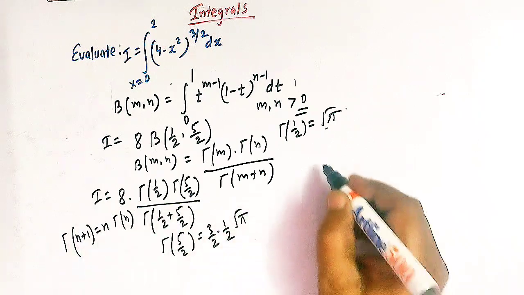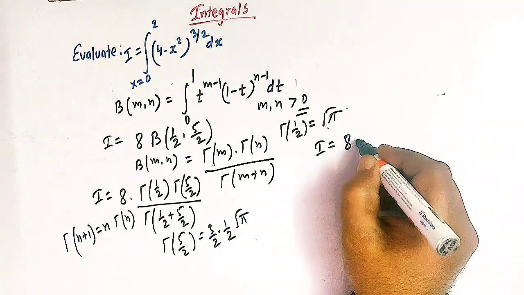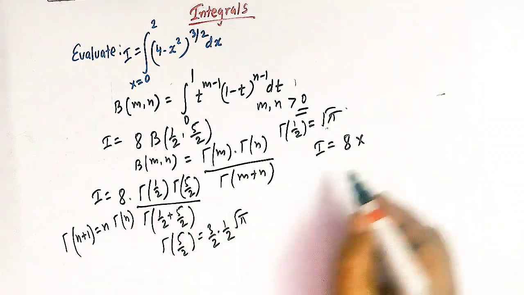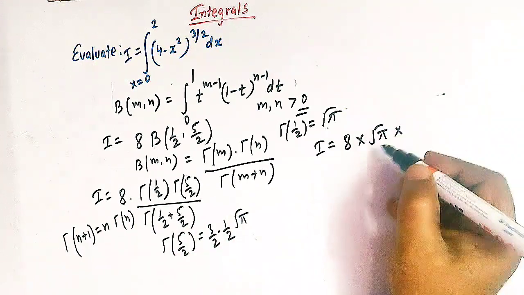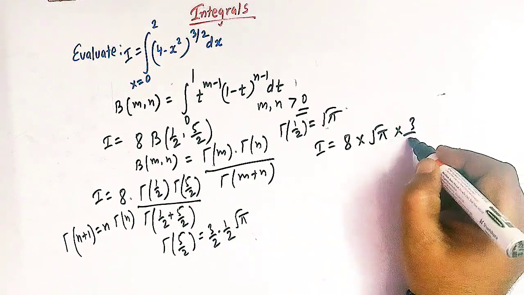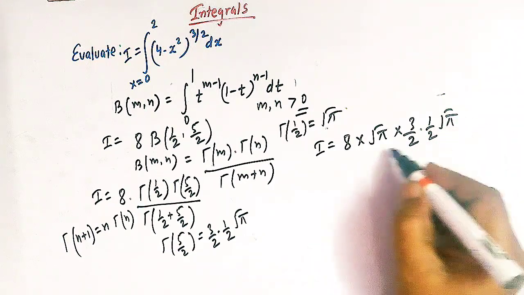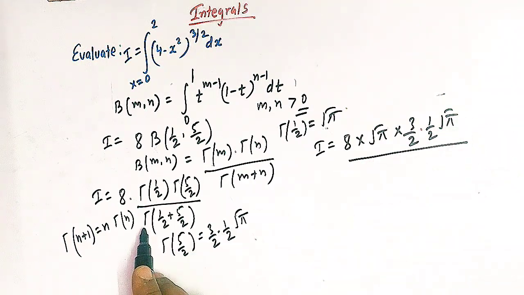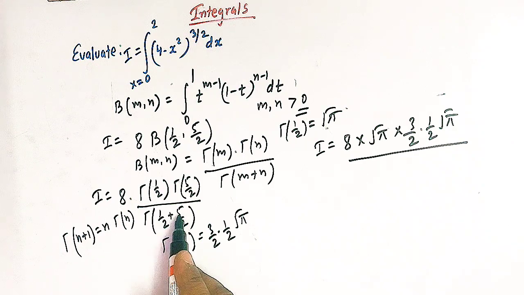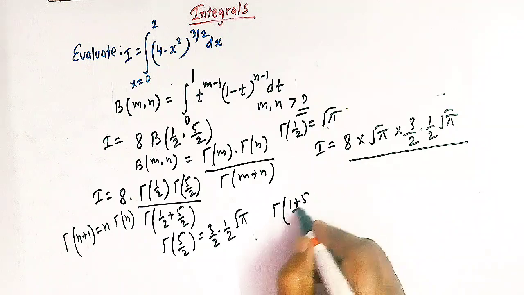Now our integral I takes the form 8 times gamma of half, which is square root of pi, and gamma of 5 by 2, which is 3 by 2 times half times square root of pi, and in the denominator we have gamma of half plus 5 by 2, which is 1 plus 5 over 2.